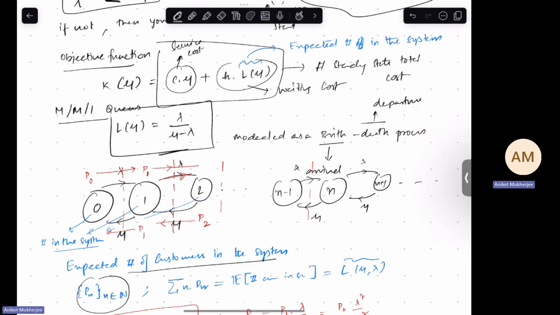Which makes sense. Suppose mu increases. You know that mu is greater than lambda, so the denominator decreases. The whole term increases.